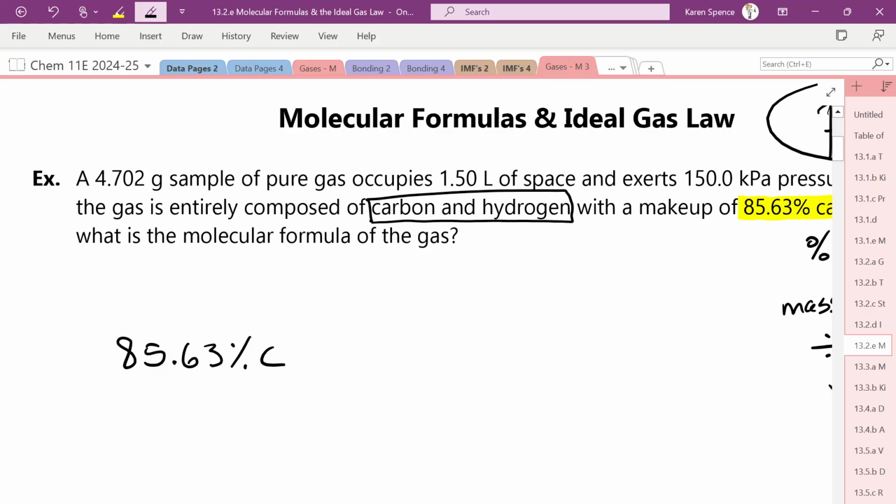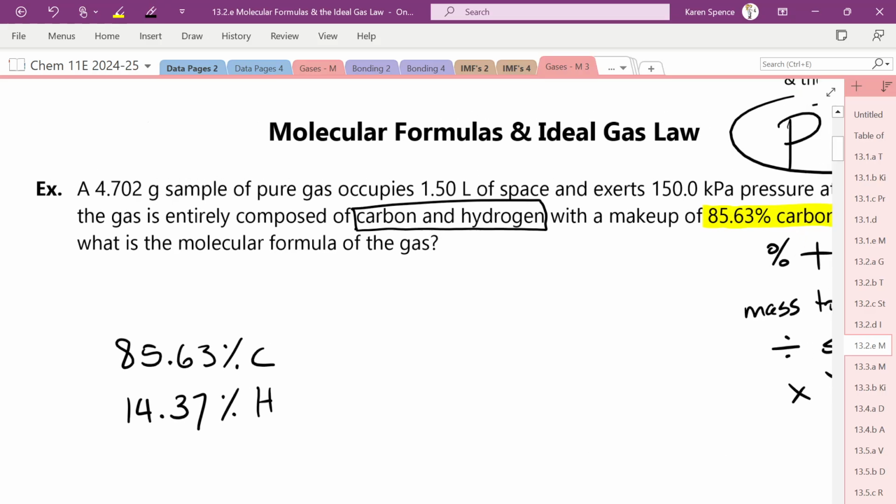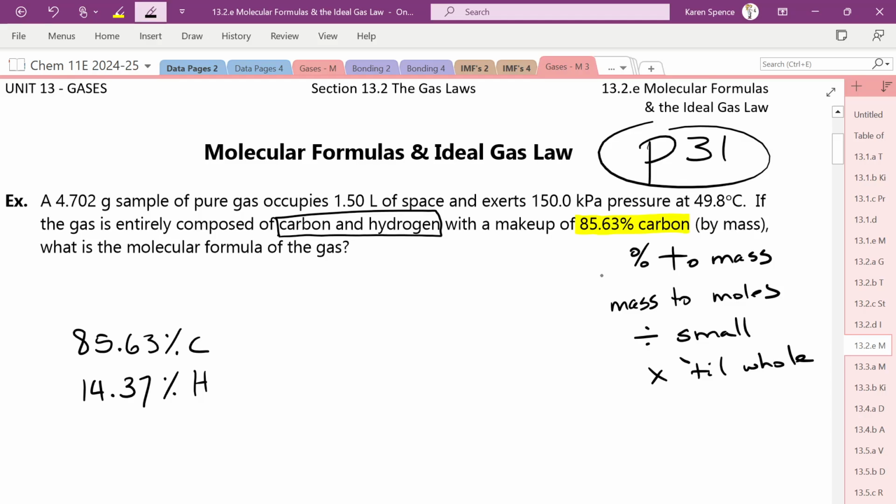And if it's carbon and hydrogen, how much hydrogen do we have? Yeah, we have 100 minus 85.63, which is 14.37%. And then, before we start on our little poem, what do we need to write?